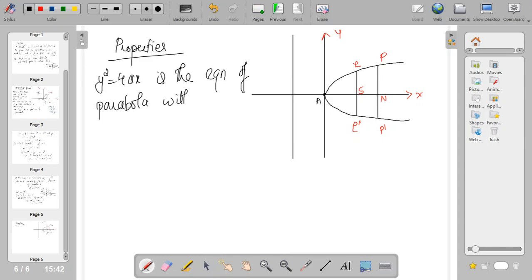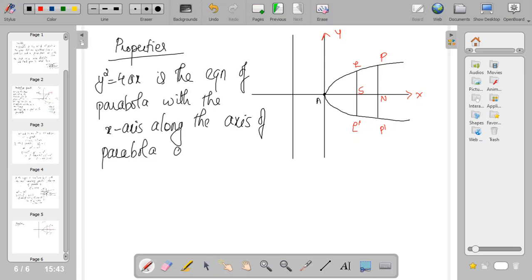With x-axis along the axis of parabola and y-axis along the tangent at the vertex.